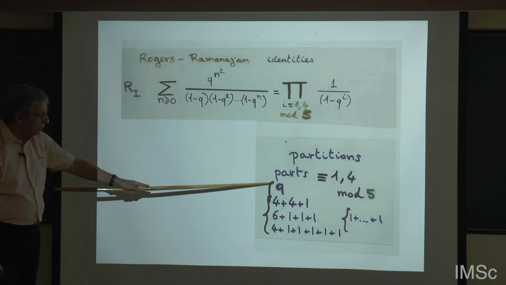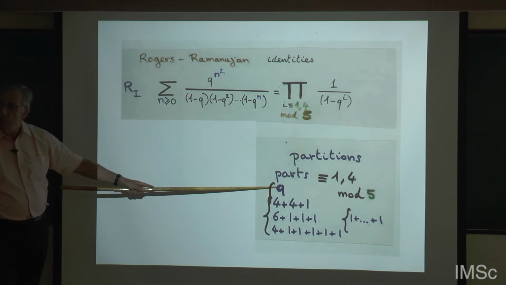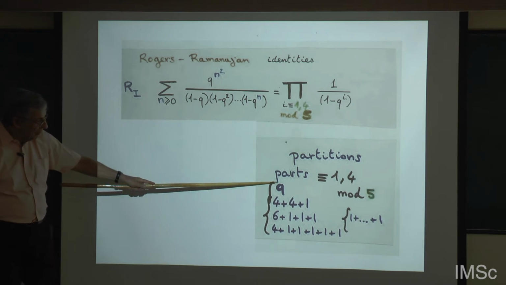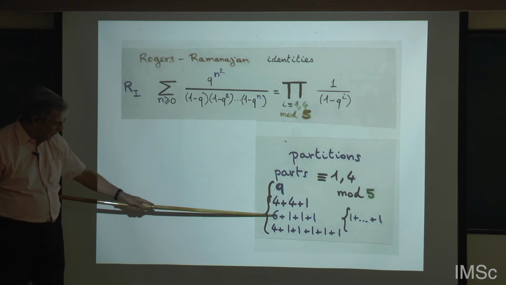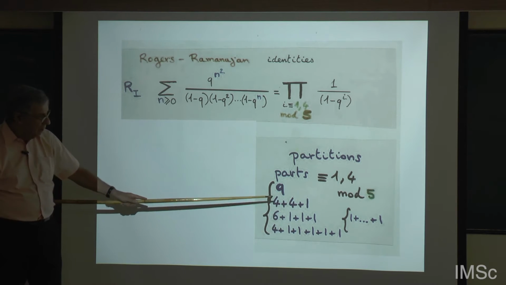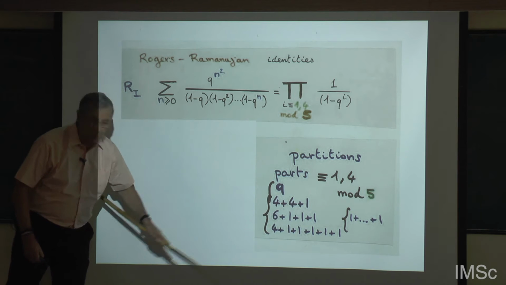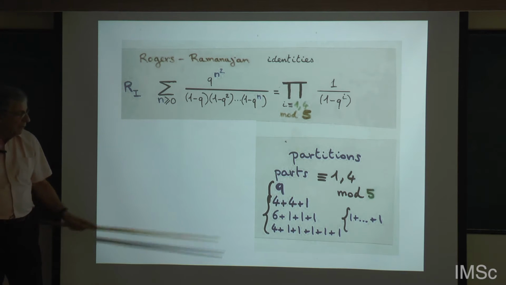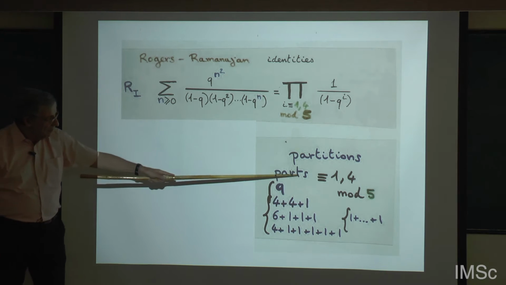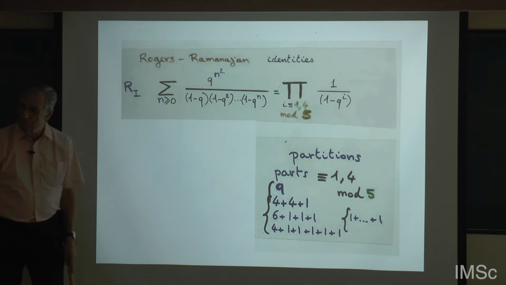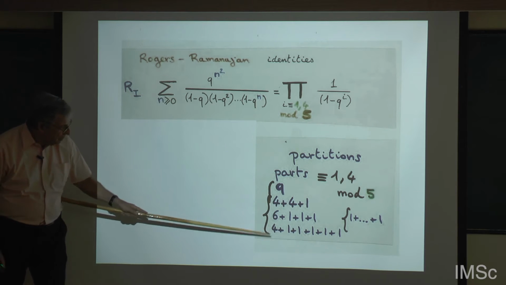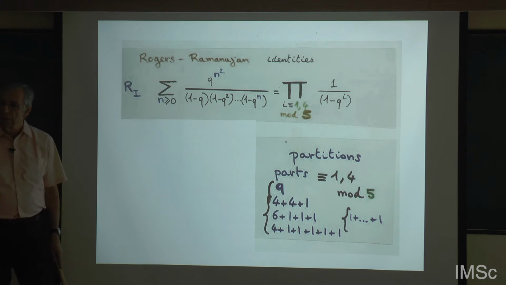Here I take the example of n equal 9. You can decompose 9 as 9, 6 plus 1, 4 plus 4 plus 1, and so on. There are 5 different ways to decompose 9 into parts which are equal to 1 or 4 modulo 5. Only 1, 4, 6, and 9 can be used.